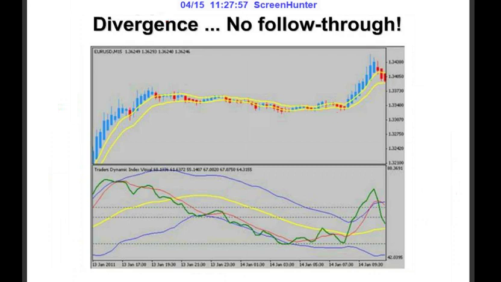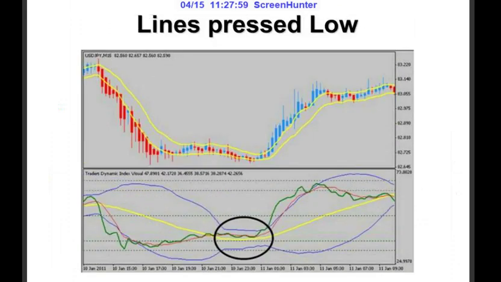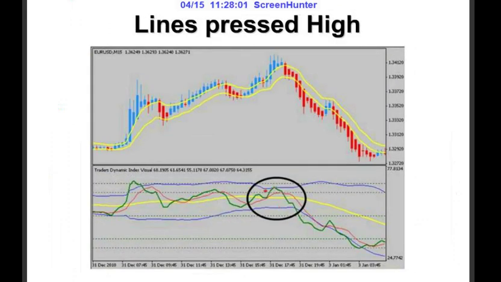Get ready for the fall. Now look at this: 68, 63, 50, 37, 32. They're all down below the 50. Get ready for the move up. Look for those. Now, again, there's no guarantees in trading, but that's a high probable.